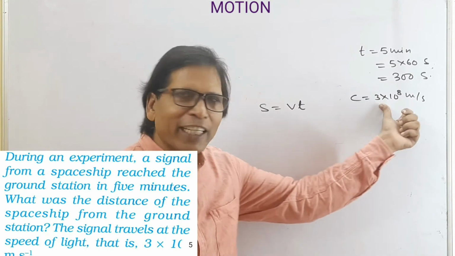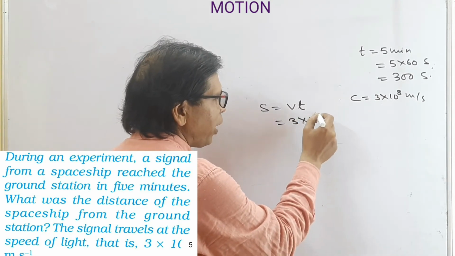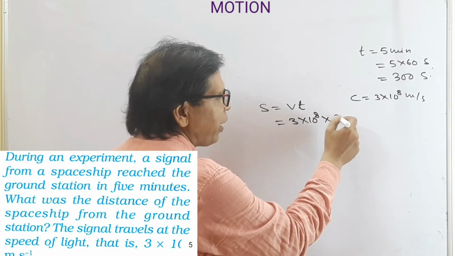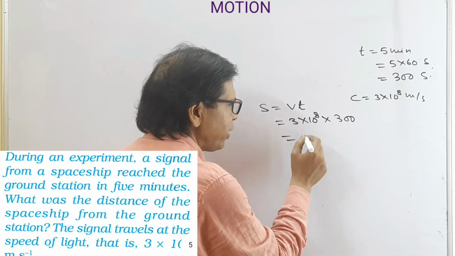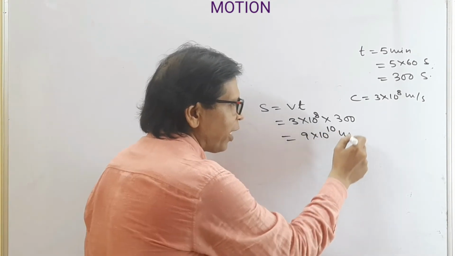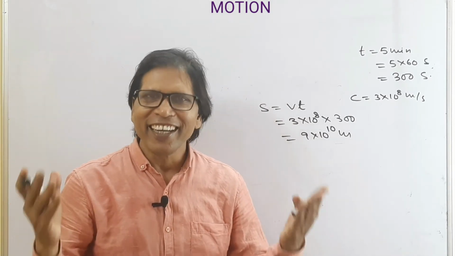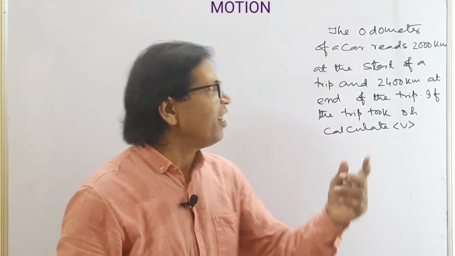Now here speed is equal to 3 into 10 to the power 8 meter per second, and time t equal to 300 seconds. So total distance is 9 into 10 to the power 10 meter. Understood? Next.